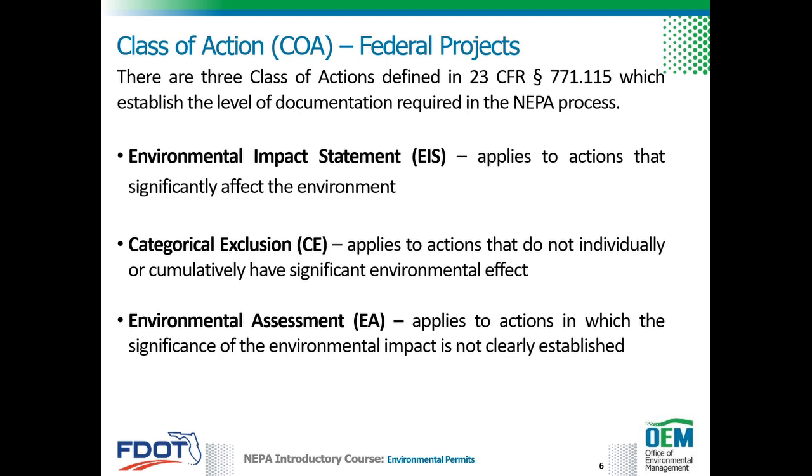This class of action applies to actions that do not individually or cumulatively have a significant environmental effect. The last is an Environmental Assessment, or EA. This class of action is assigned to actions in which the significance of environmental impact is not clearly established. More information on class of actions can be found in Part 1, Chapter 2 of the PD&E Manual and the computer-based NEPA introductory course, Class of Action.